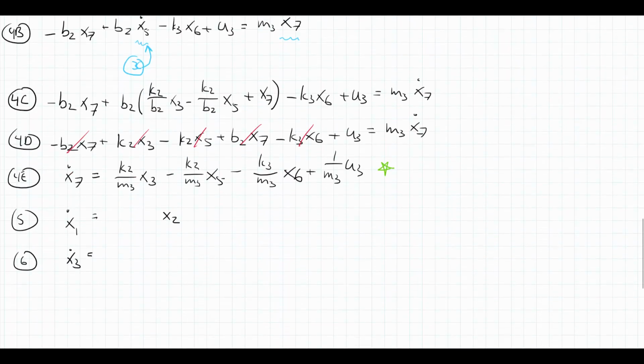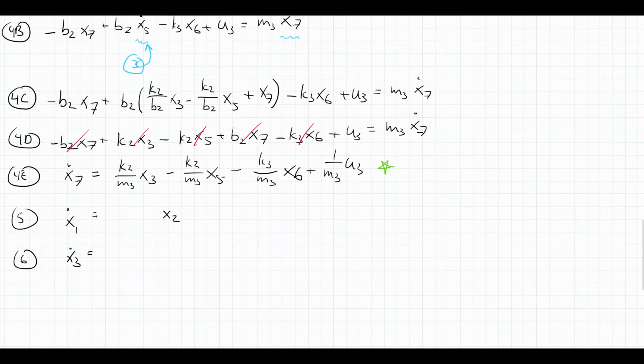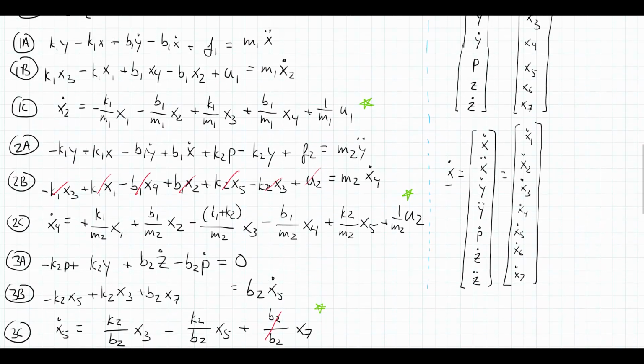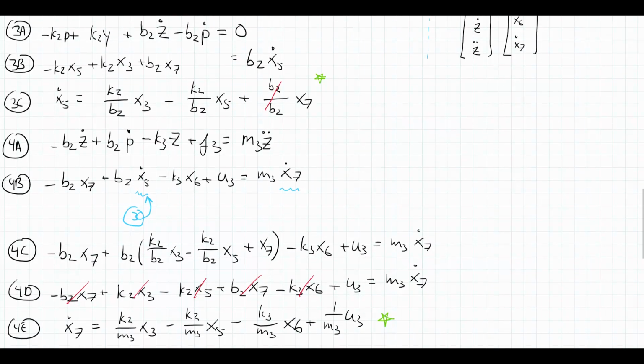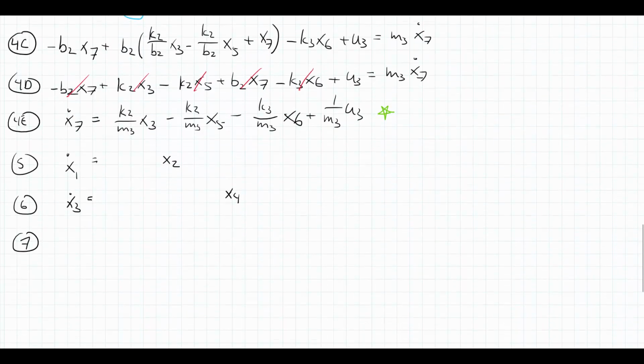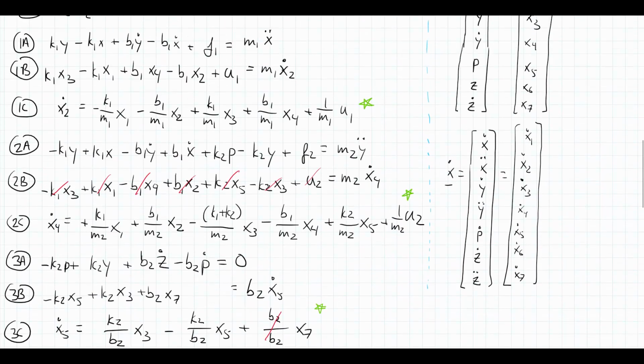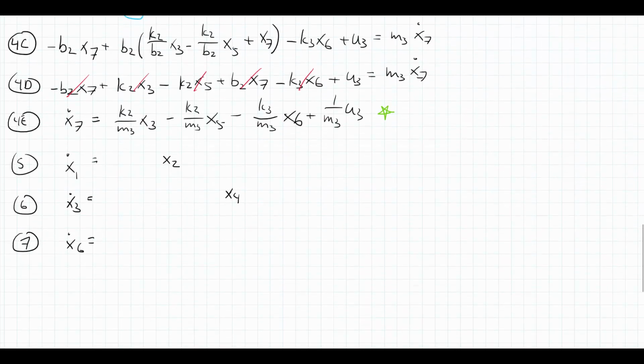So therefore x3 dot is also x4. And the final mapping equation: x5 dot I have an expression for, x6 dot I still do not. So coming from mapping, x6 dot is z dot is also x7, so x6 dot is also x7.